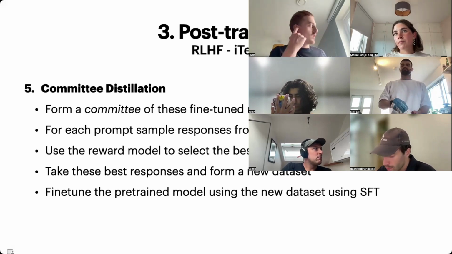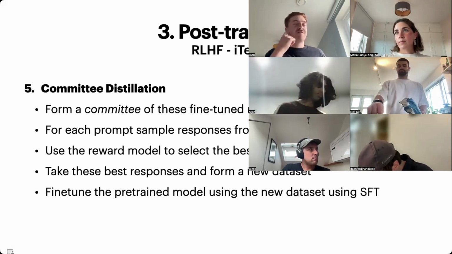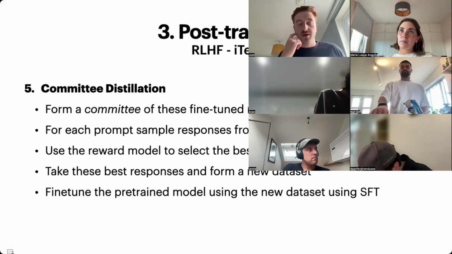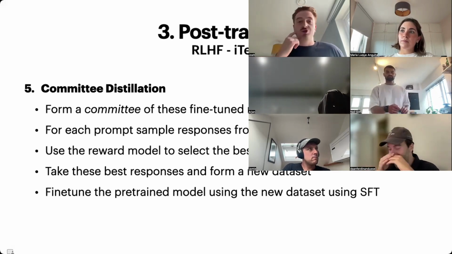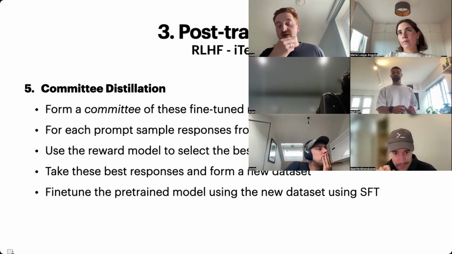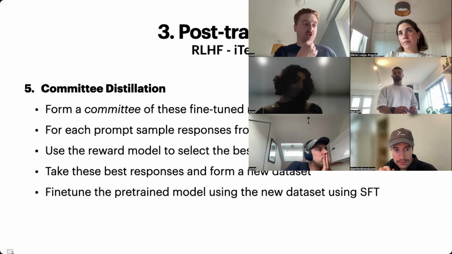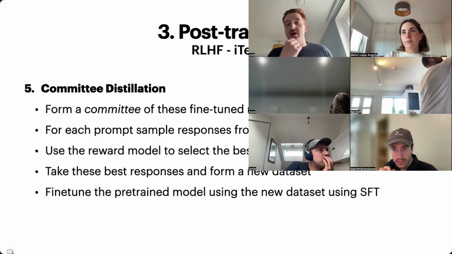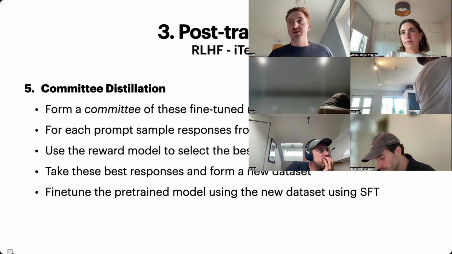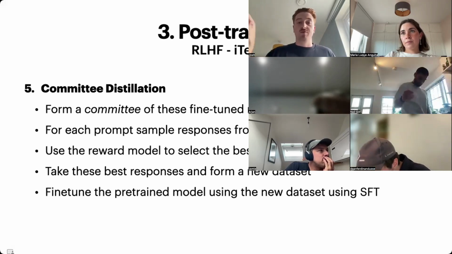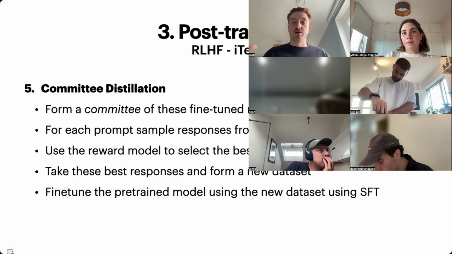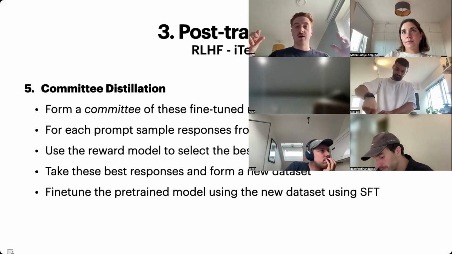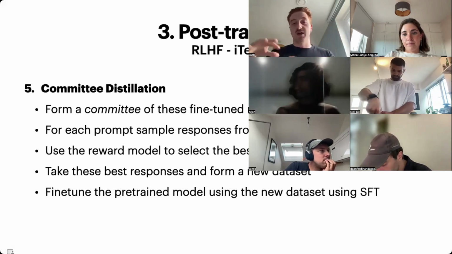I think they give some good examples in the paper where they say they found the rejection sampling models to perform better at instruction following, and the policy optimization models were a little bit better at producing high quality outputs. So if they included a model, there would be some cases where that model would excel over the rest of the committee. But the idea is you have this collection of models together, and you just take the best for each prompt.